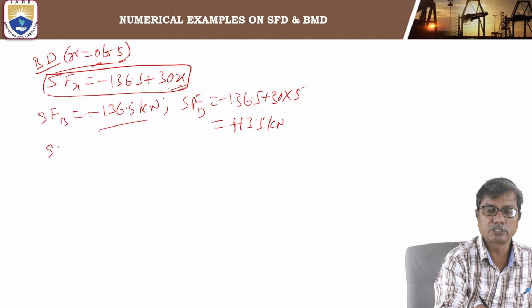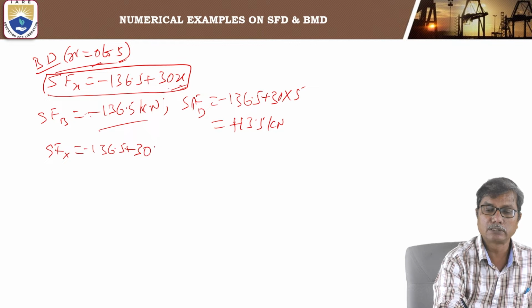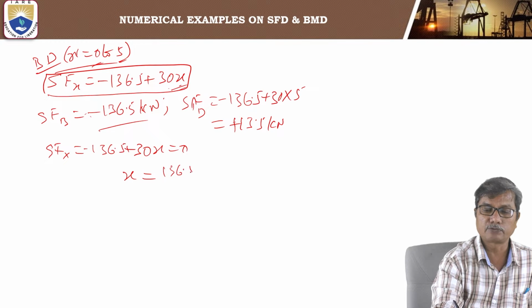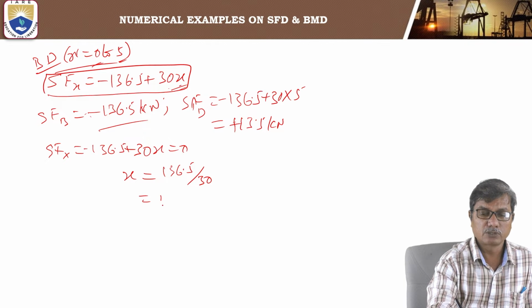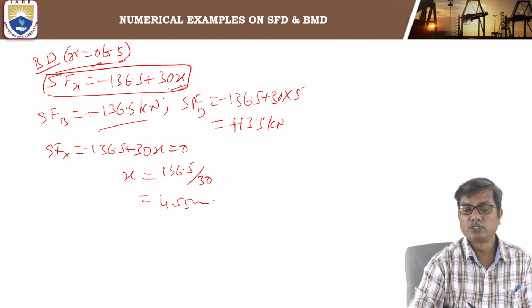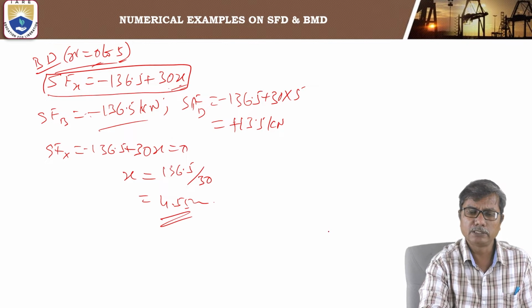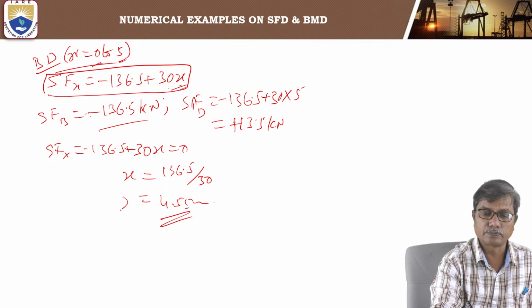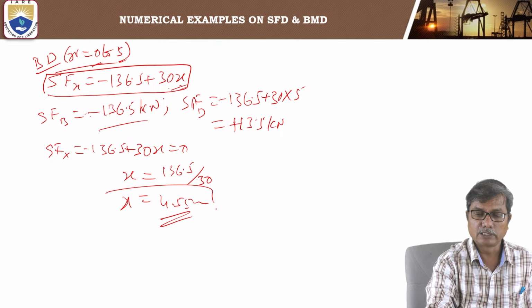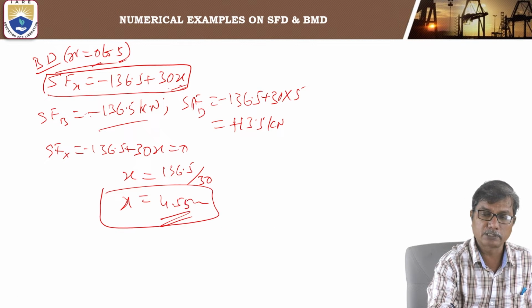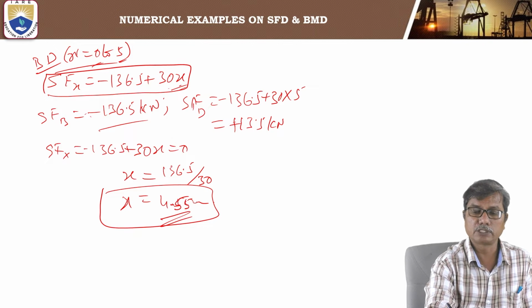So by equating shear force at x to 0, that is minus 136.5 plus 30x equals 0, you will get x as 136.5 by 30, so it becomes 4.55 meters. So at x equal to 4.55 meters from B, the shear force is 0.